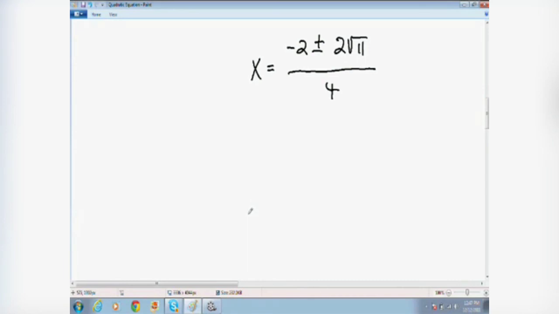And what I like to do is just rewrite the formula exactly the way it is with a little space on top. And to simplify it, you need to divide every term by what they have in common. So since they all have a 2 in common, I'm going to divide every term by 2.